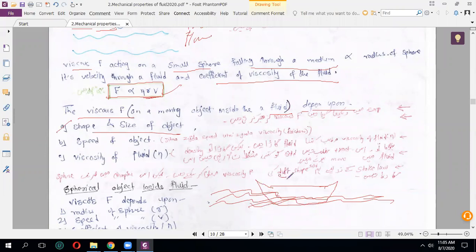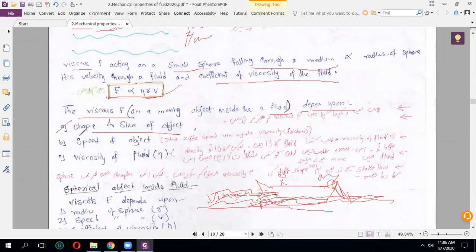So what happens? This board requires a machine, and this machine requires more energy because it is opposing the direction of the liquid flow. So this board experiences a friction force. That force is called viscous force, because वो force क्या करेगा, liquid को oppose कर रहा है. वो opposing force is called viscous force.